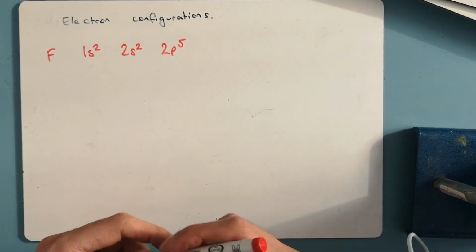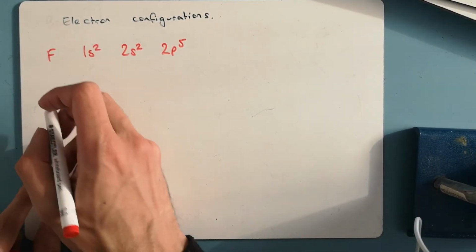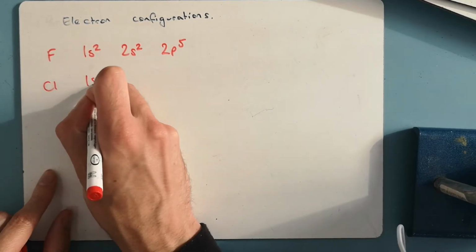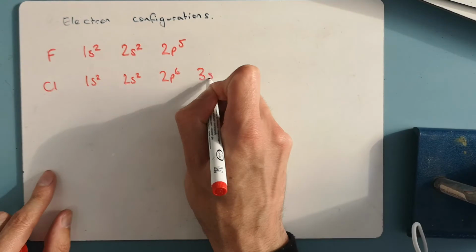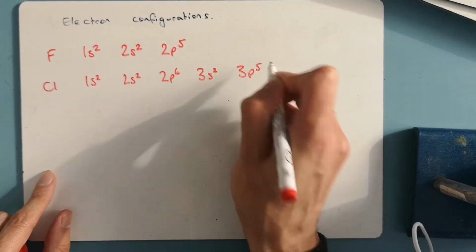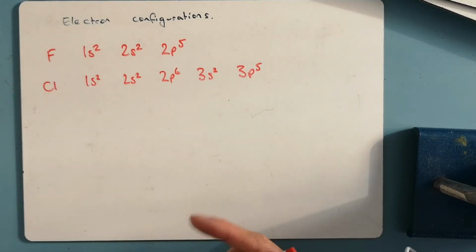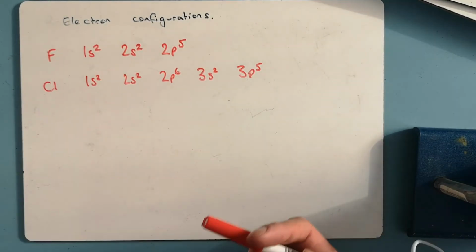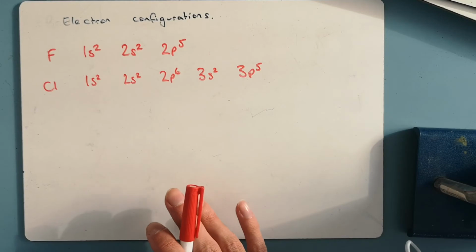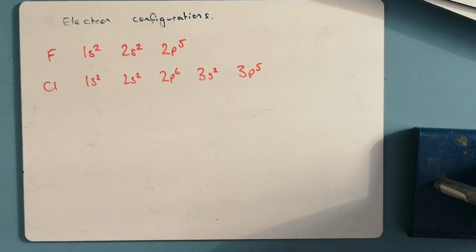So just one electron short of filling up that p subshell. Chlorine, 1s2, 2s2, 2p6, 3s2, 3p5. So again, one electron short of filling up that p orbital. Bromine is 4p5 as its final subshell, and iodine 5p5.